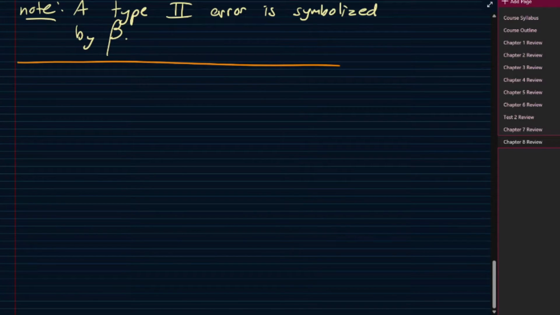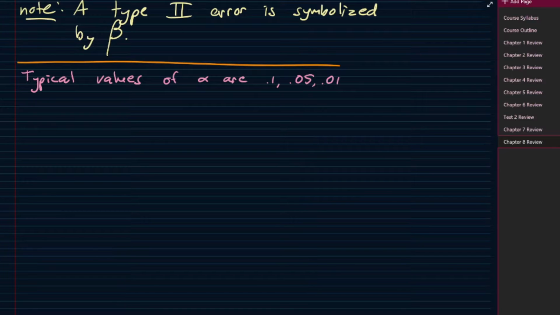Okay, and so typical values of alpha are 0.1, 0.05, 0.01 usually. There can be other levels, of course, but these ones are used the most.